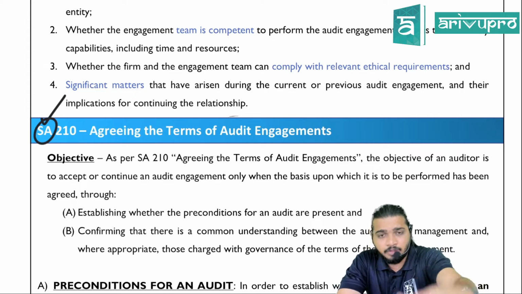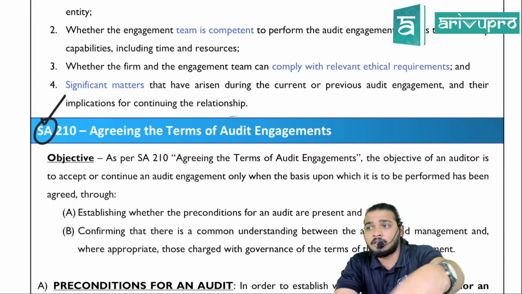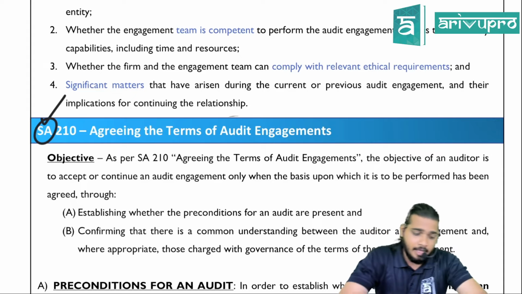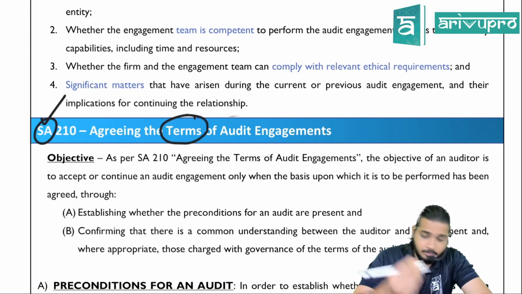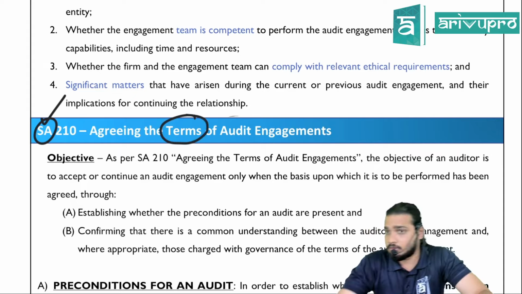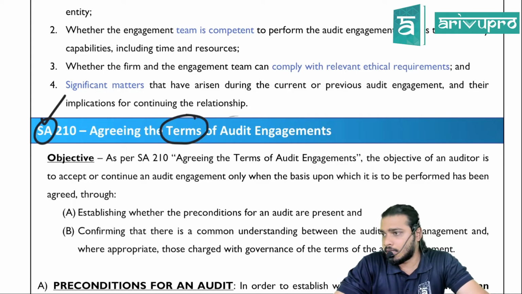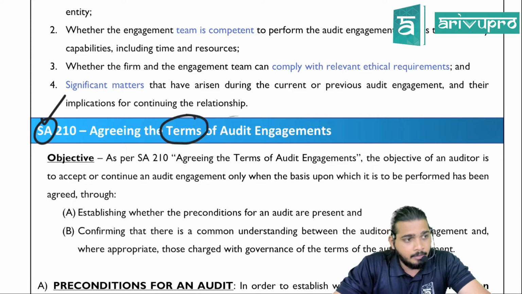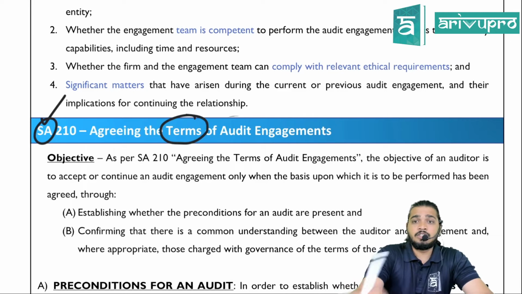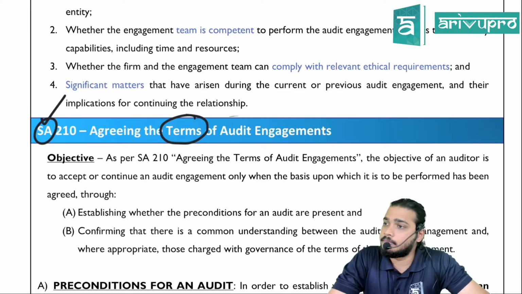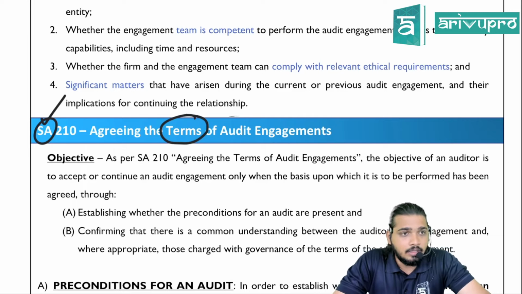Some special situations in between the audit, if they ask us to change the terms, wherever we have to agree the terms, SA 210 will come into the picture. Understood? Yes or no? So change in the terms also, SA 210 will come. First time we are auditing, we need to agree to the terms, SA 210 will come. Understood? In between, if there are any changes in the terms, SA 210 will come. Clear? Yes.